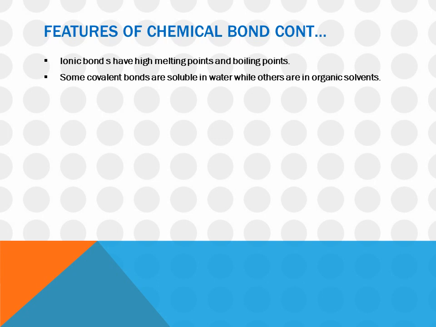Last but not least, some covalent bonds are soluble in water, while others are in organic solvents. This means that covalent bonds normally dissolve in water, and others in organic solvents.